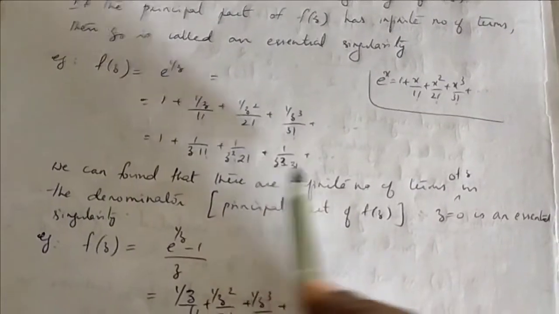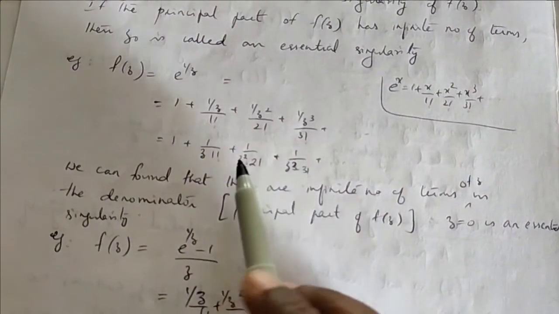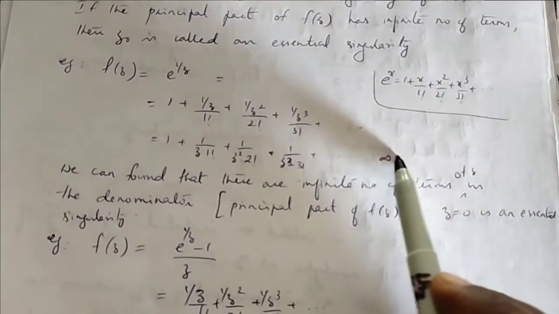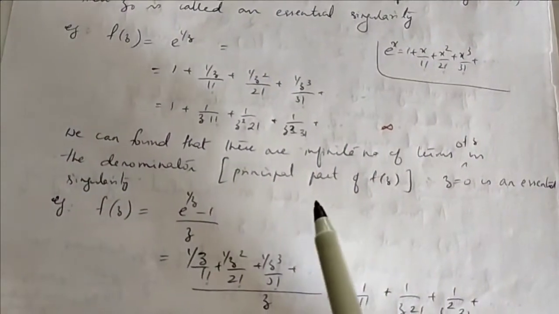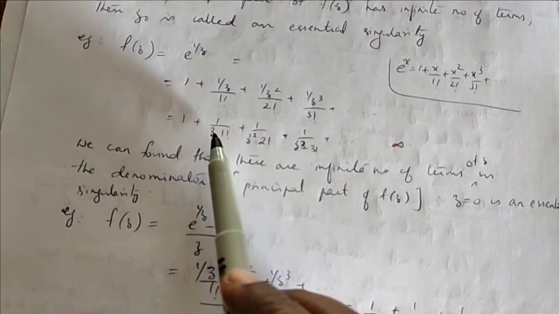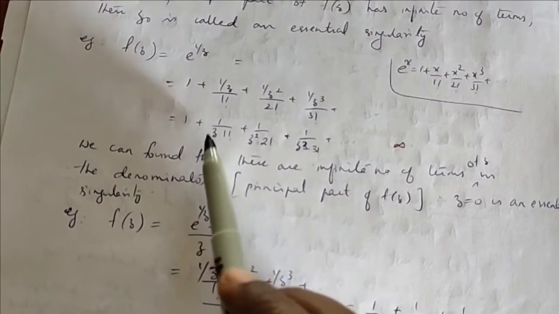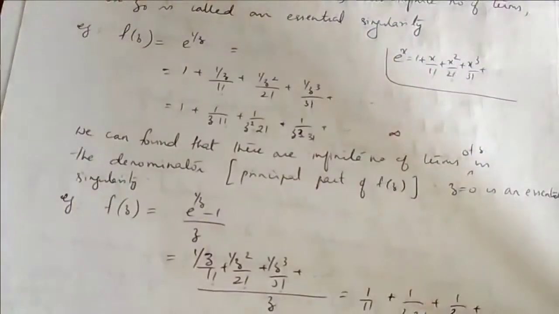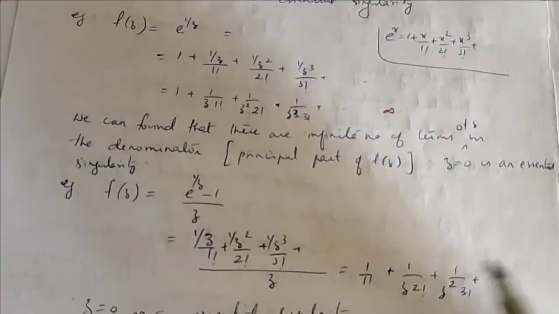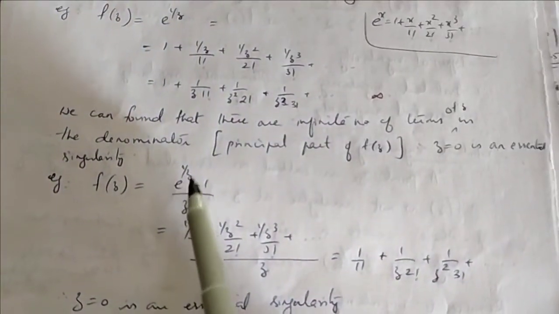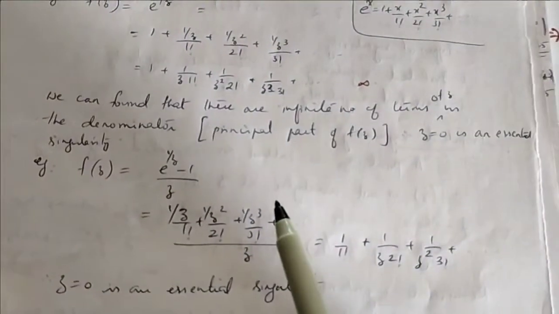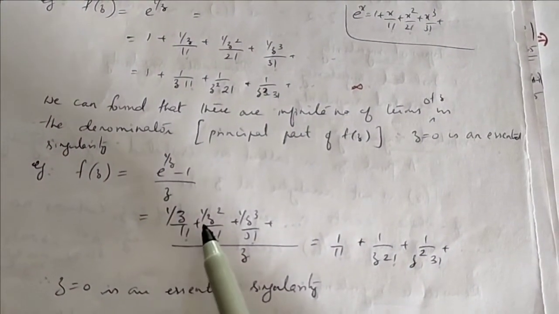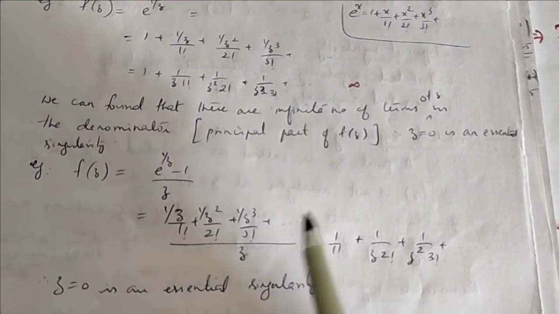So all the terms of z are lying in the denominator, which is the principal part, and there is an infinite number of them, up to infinity. Putting the denominator as 0, z is equal to 0. So z0 is an essential singularity. Next one, e raised to 1 by z minus 1 by z. Similarly, we can expand: 1 plus 1 by z by 1 factorial plus 1 by z square by 2 factorial, etc., minus 1.